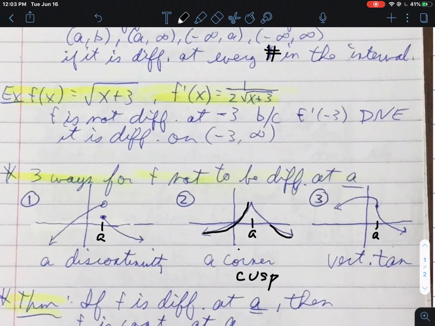As we approach a from the right, those tan lines are all negative, and again, they're getting steeper negative as you approach a. So you have the slope of the tan line approaching different values. And right when you hit that point, remember the derivative is the slope of the tan line at a point. Well, which tan line are you talking about? Are you talking about this one? Are you talking about this one?